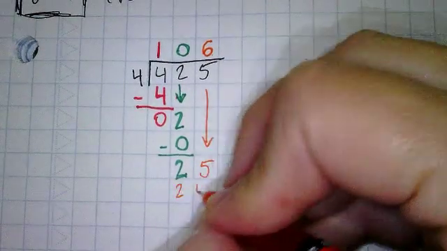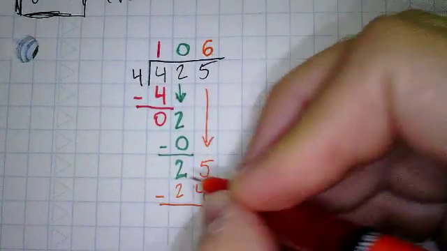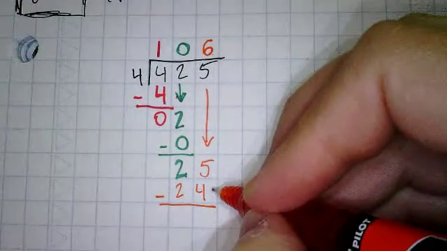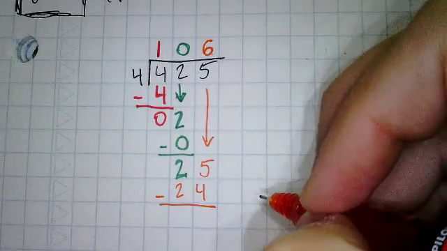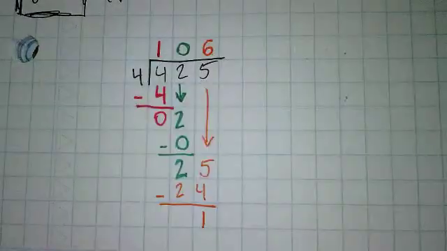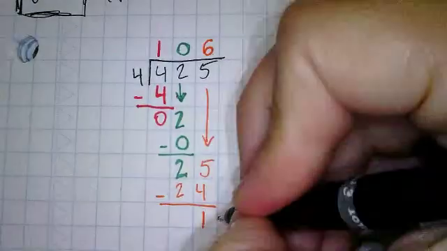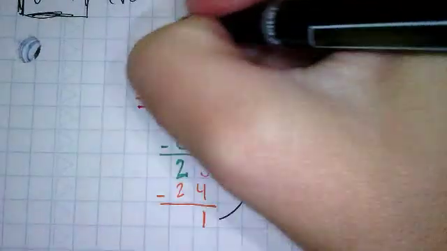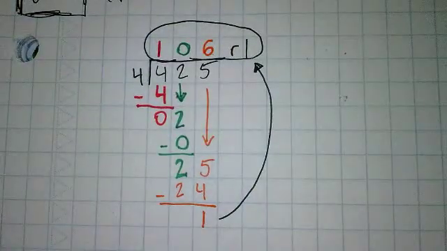And then we subtract. What's 25 minus 24? Sebastian? 1. Do I have anything else to bring down over here? No. So this 1 becomes my what? Remainder. My remainder.